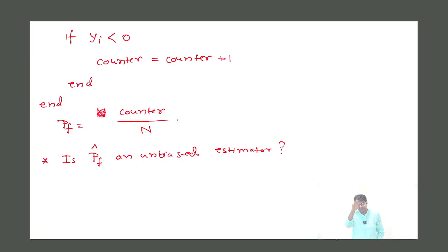You can repeat this an infinite number of times. If you take expectation of these PF hats, it should not be biased, it should match with PF. That is the idea of unbiased estimator. So an estimator is said to be unbiased if and only if expectation of the estimator is equal to the true quantity. Clear? Any question?